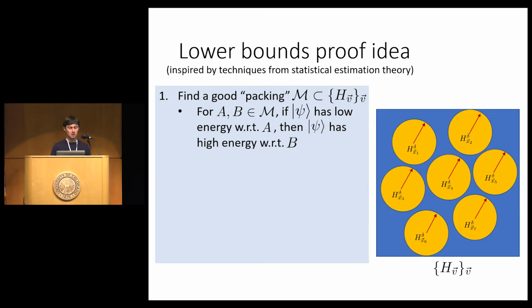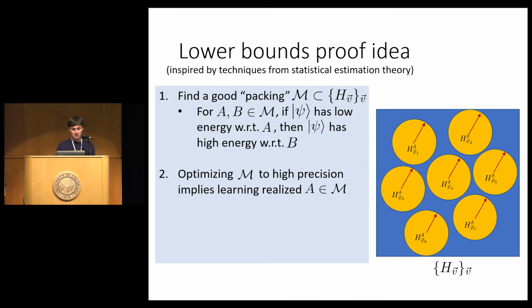By that I mean we want the subset M to contain as many elements as possible, but we also want it to satisfy this property that essentially if some state is a low energy state with respect to some Hamiltonian in the family, so it's a pretty good solution in that sense, then that state should be high energy with respect to any other Hamiltonian in that family. So a state that's good for one should be bad for the others, essentially.